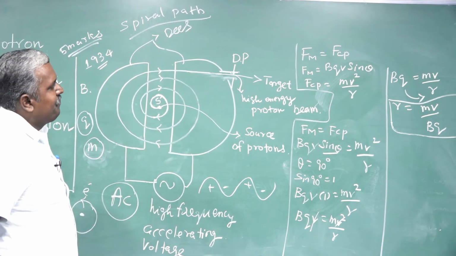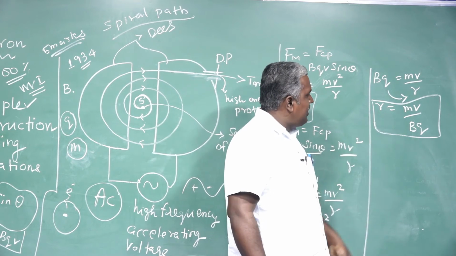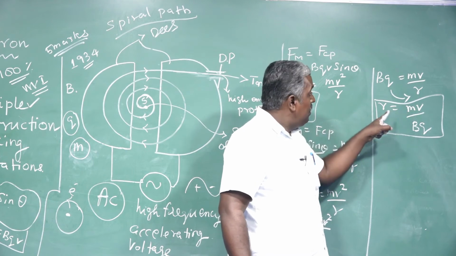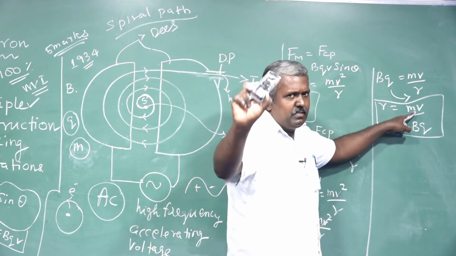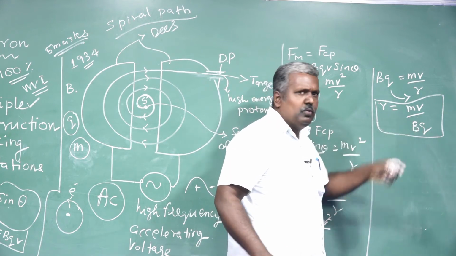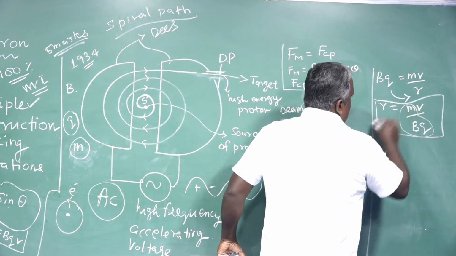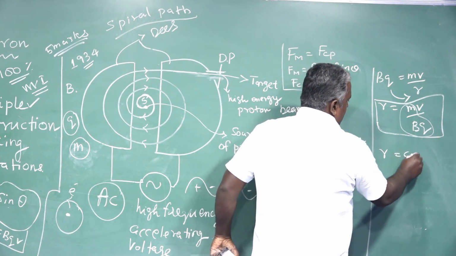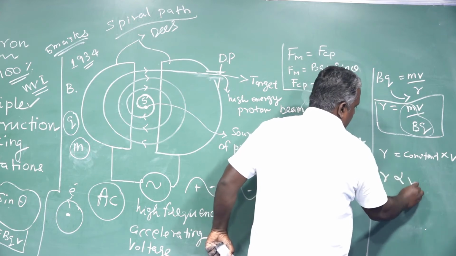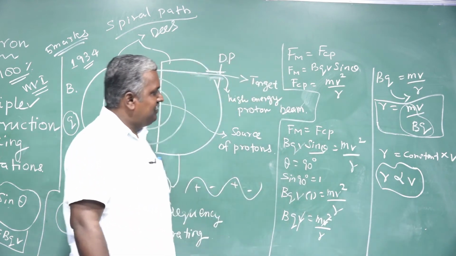Okay, listen here. Which is the constant here? m. v changes, increases. r changes, but m, B, q are constant. Therefore, this is constant. So r is equal to constant into v, that is, r is directly proportional to v.